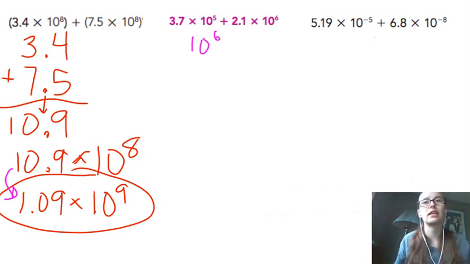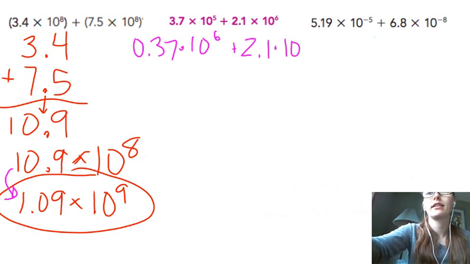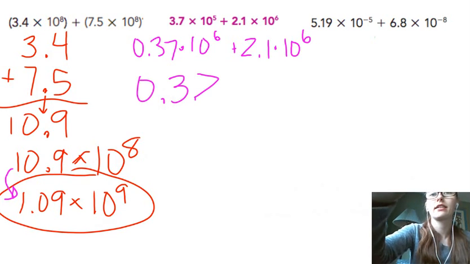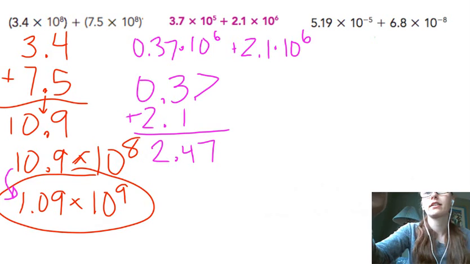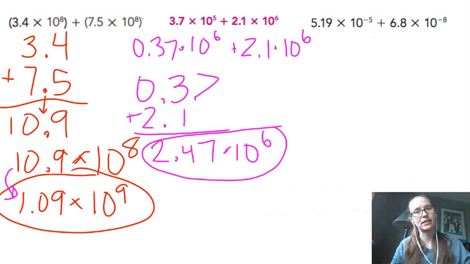So to make 3.7 times 10 to the 5th be 10 to the 6th, 1 bigger, I have to make the mantissa 1 place value smaller, so 0.37. Now my exponents are the same, and I can just add the decimal places together, lining up the decimal points. And I get 2.47, and I can keep the power the same. And my final answer is 2.47 times 10 to the 6th.